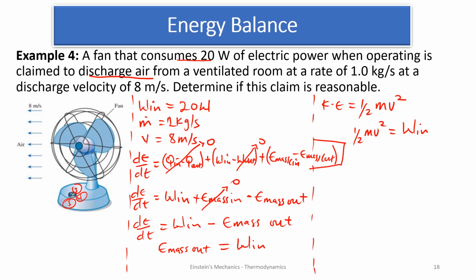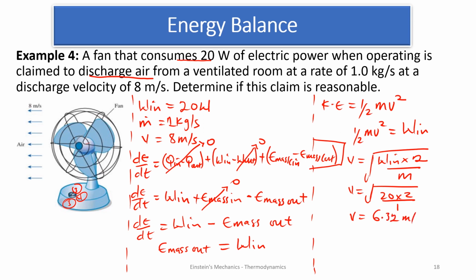So making the velocity the subject from this equation, velocity should be equal to the square root of the work in multiplied by 2 divided by the mass. Putting in the parameters, you have your work in to be 20, so V is the square root of 20 multiplied by 2 over the mass 1, and our V is giving us 6.32 meters per second.